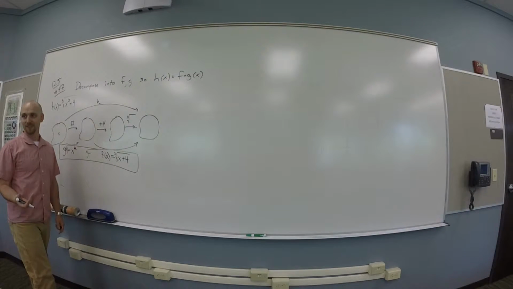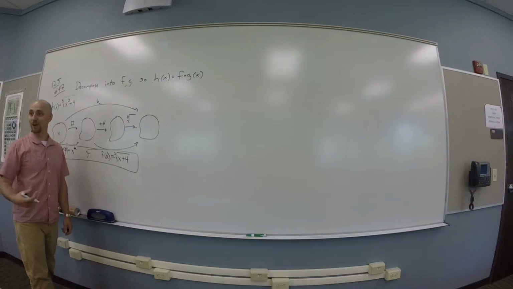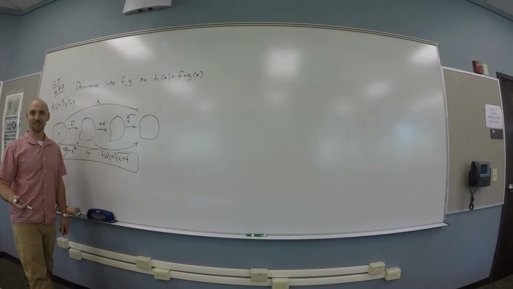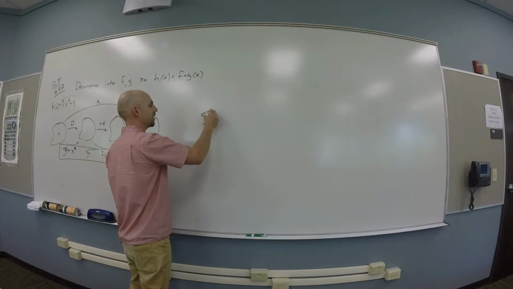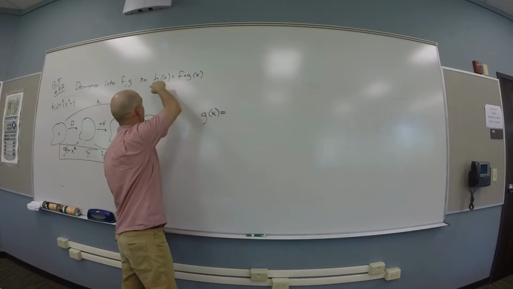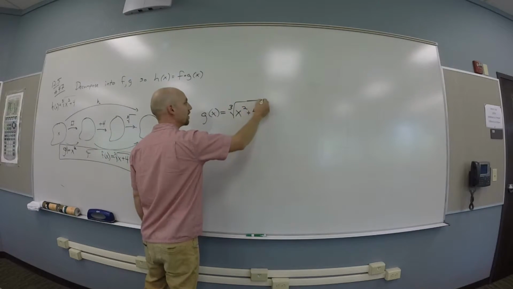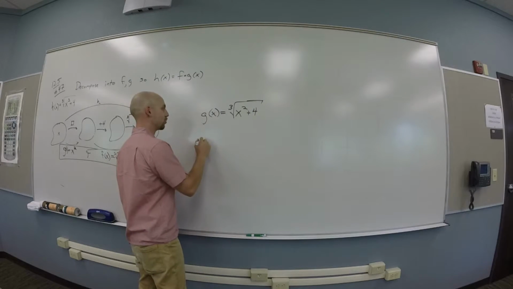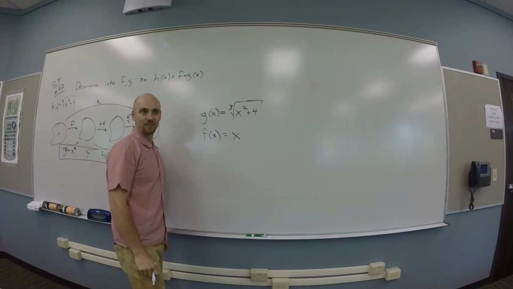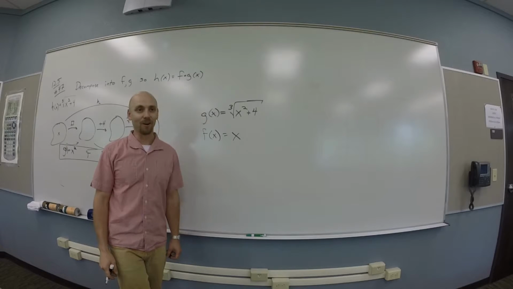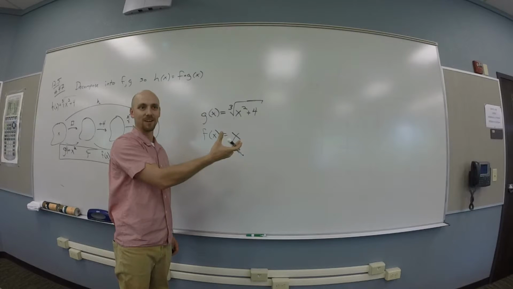The function f of x is x, it just returns the same thing. So the first thing you do is this rule h, the cube root of x squared plus 4, and then your next rule, f, just leaves whatever you gave me. When I stick this in the box, of course I get the same thing.